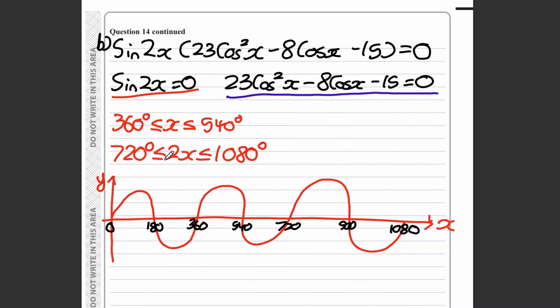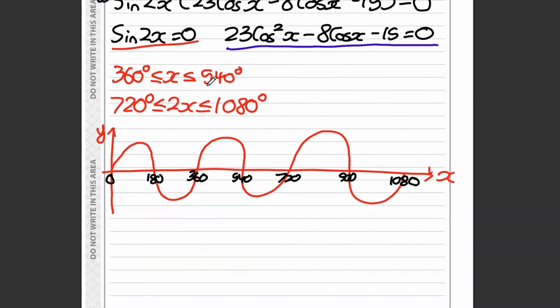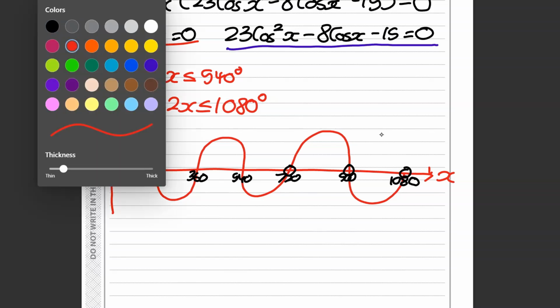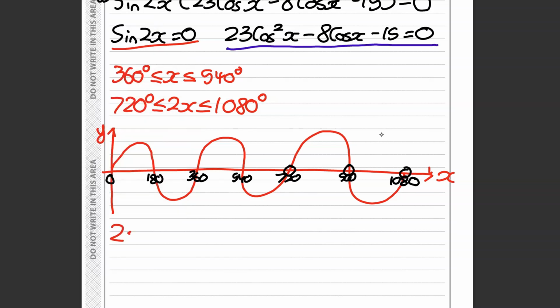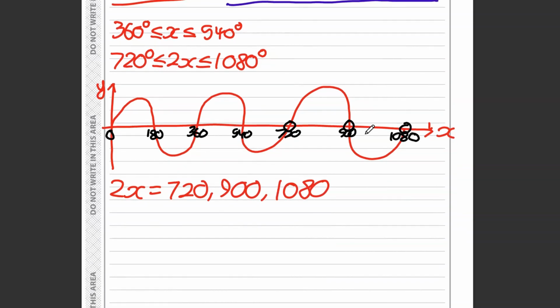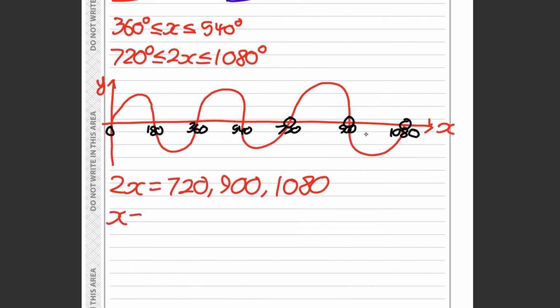We can see that between 720 and 1080 there are 3 times where the sin graph is 0, which is here, here, and here. So 2x is equal to 720, 900 and 1080. Therefore x, if we divide everything by 2, is equal to 360, 450 and 540.